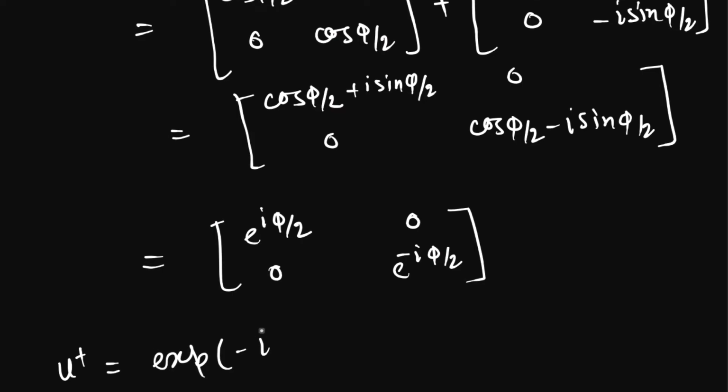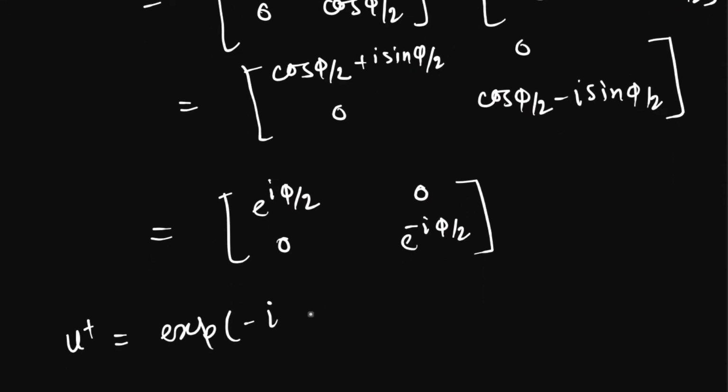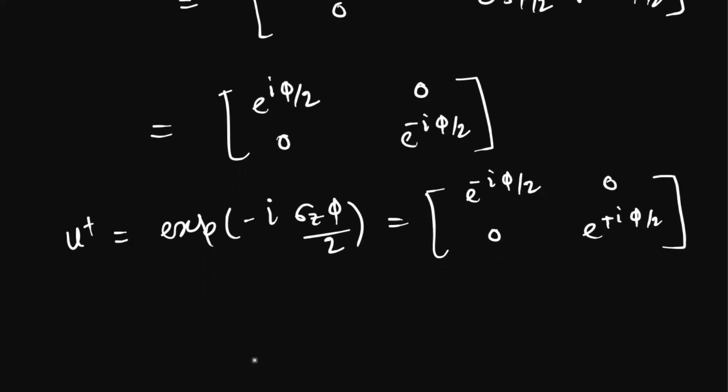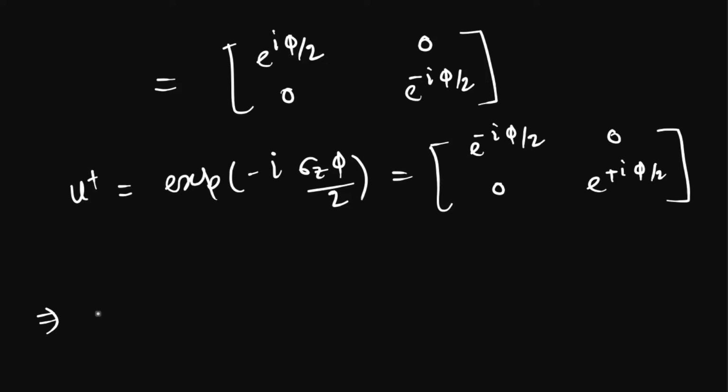Similarly, the operator U dagger is equal to exponential minus i sigma z phi by 2, which equals e to the power minus i phi by 2, 0, 0, e to the power plus i phi by 2. Now let us see what will be U sigma A U dagger.